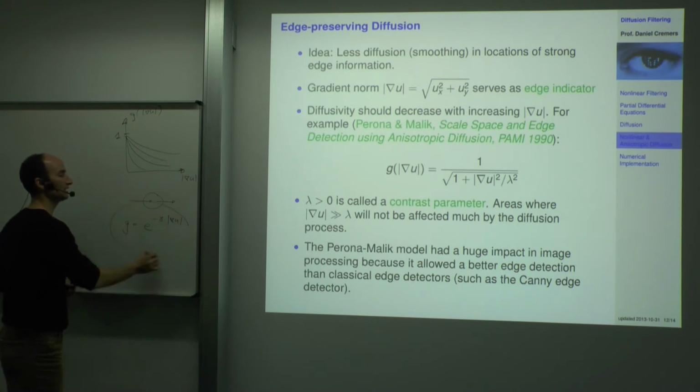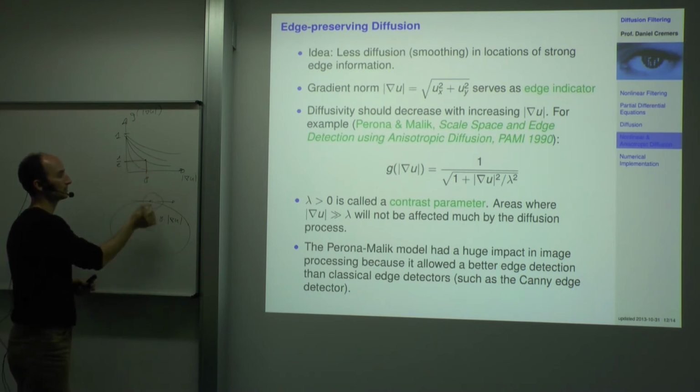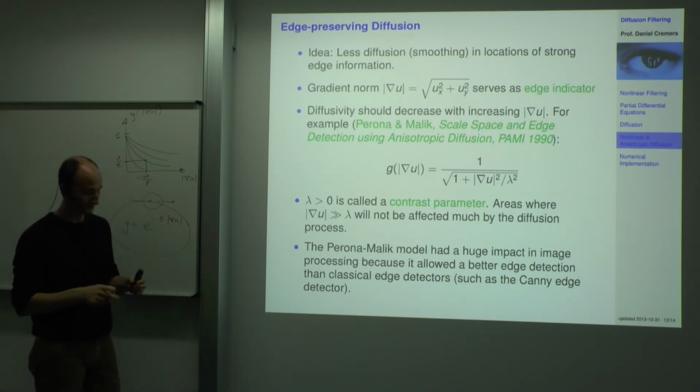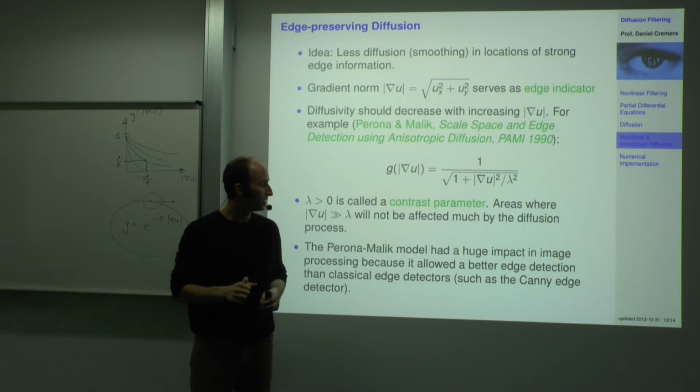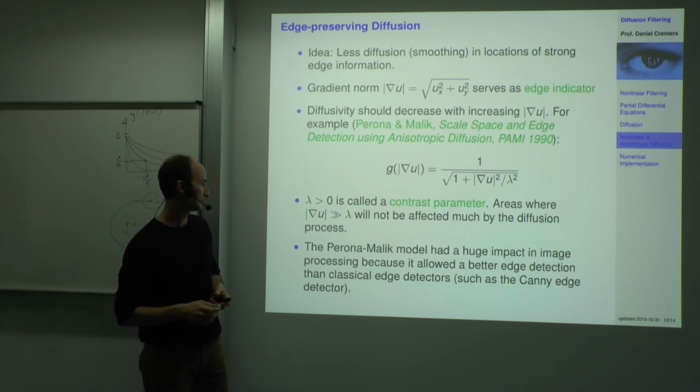Similarly, in this function here, you have a parameter gamma, and if the norm of nabla u is 1 over gamma, then we have e to the minus 1. So there are different ways to parameterize this function, but the essence is you want to make it adaptive.